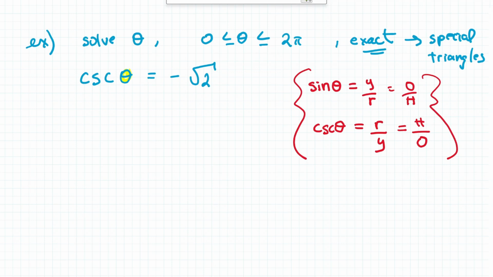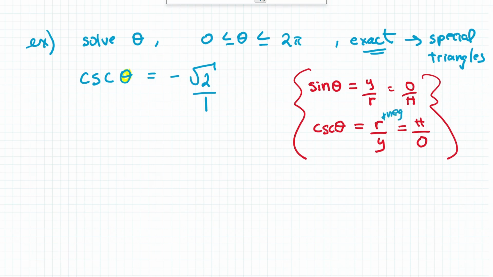Okay, so let's look at our specific problem here. You say we just have one number. How can I have a ratio? Well, the secret here is to always put your number over 1, because the 1 will help you see it in terms of your ratio. So we said that cosecant is r over y. But r can never be negative. You can never have a negative radius.